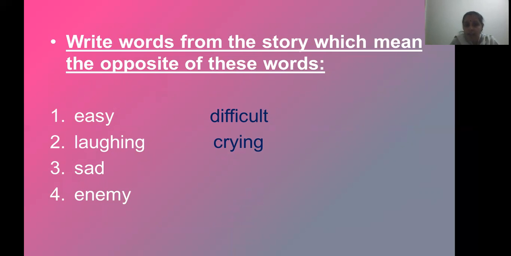He feels happy, right? So happy is the opposite of sad. Enemy. What is the opposite of enemy? Friend, right? Riku makes many friends. So the opposite of enemy is friend.